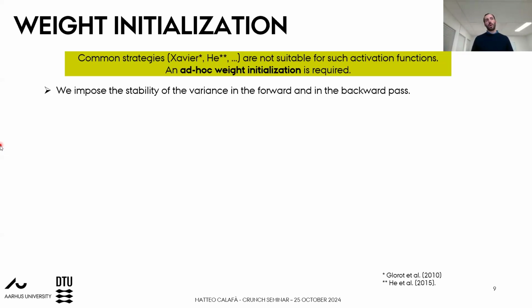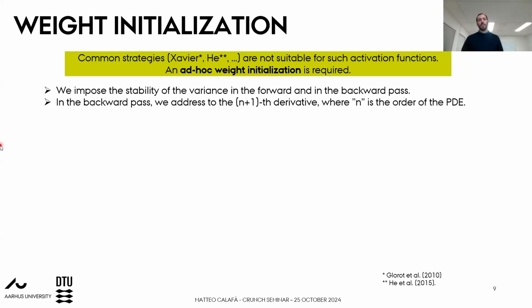And therefore, one assesses the stability of the variance related to the first order derivatives of the loss function in the backward path. The main difference in our case is that, as I mentioned, different activation functions will lead to different results. But also we want to address not just the first derivative, but all derivatives up to order n+1, where n is the order of the PDE. The reason is as follows.